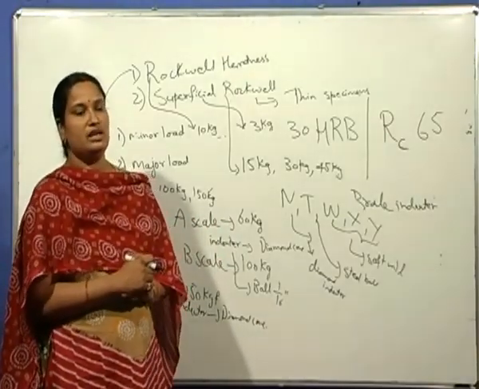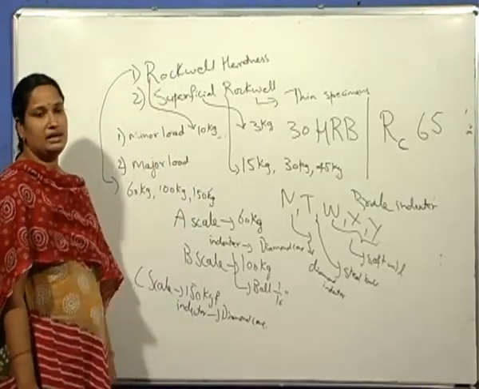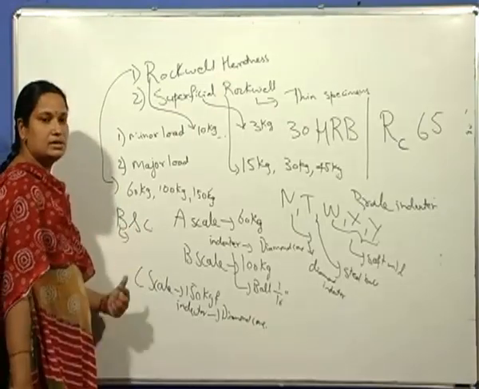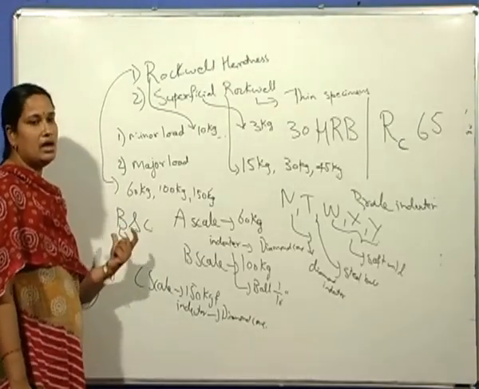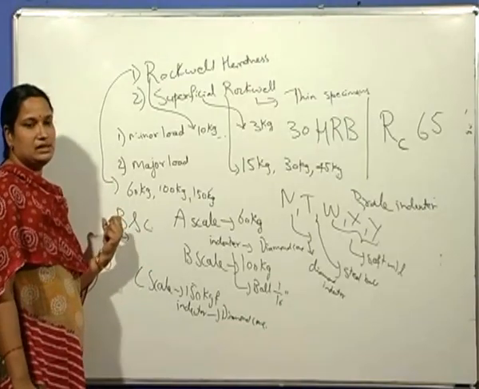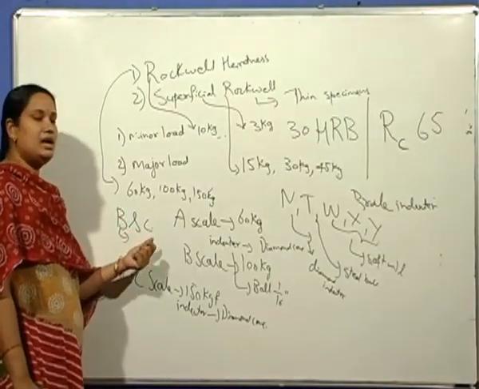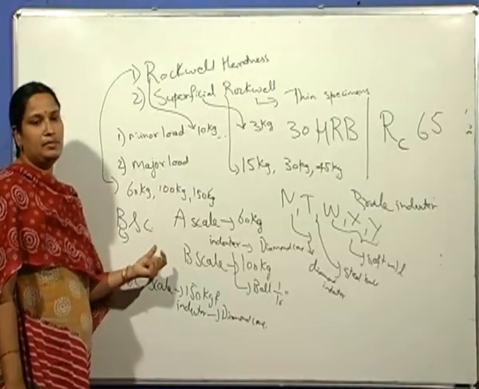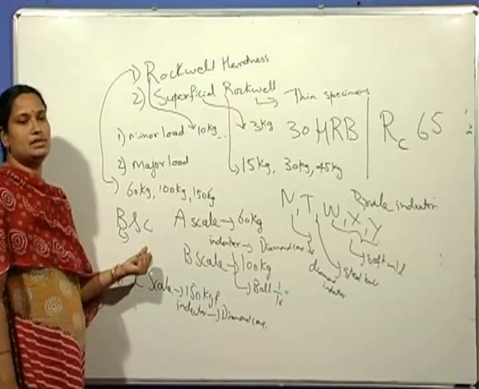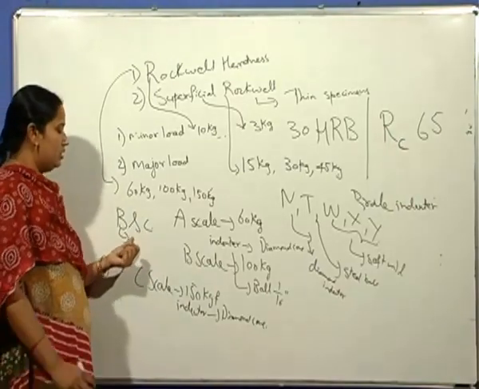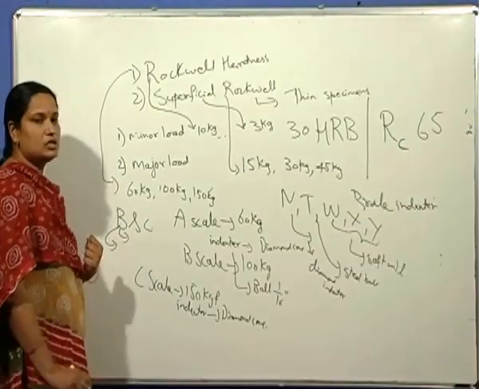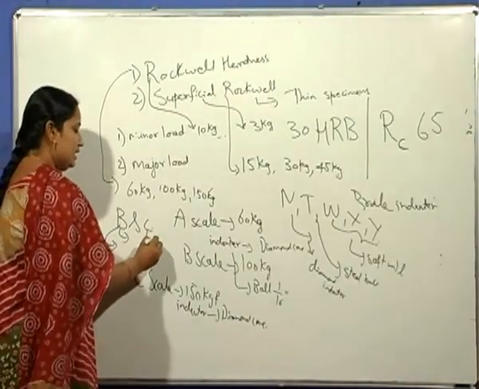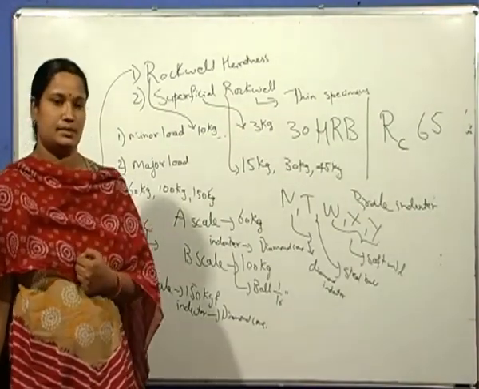But the most widely used scales in the case of Rockwell hardness are the B and C scales, where for B the major load is 100 kg force and a 1/16 inch hardened steel ball is used as indenter, and the C scale uses a 150 kg force and a diamond conical shape indenter. B is used for testing soft materials, non-ferrous materials, whereas the C scale is used to test the hardest materials.